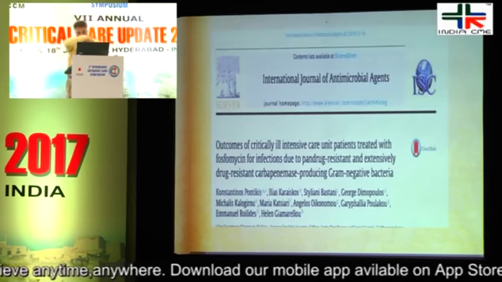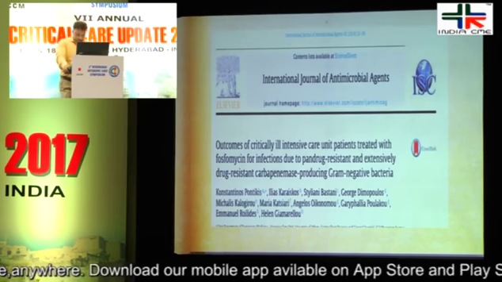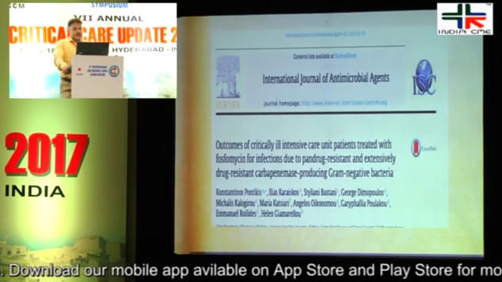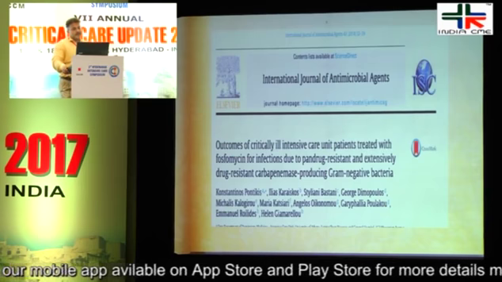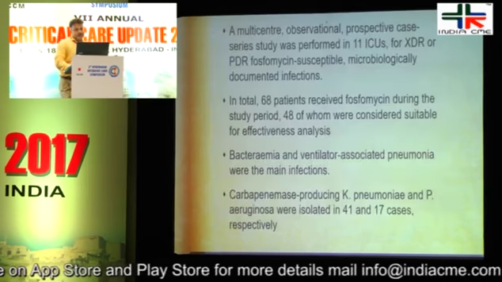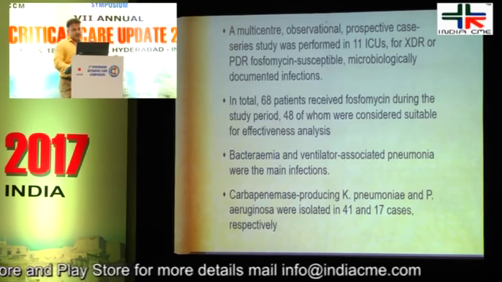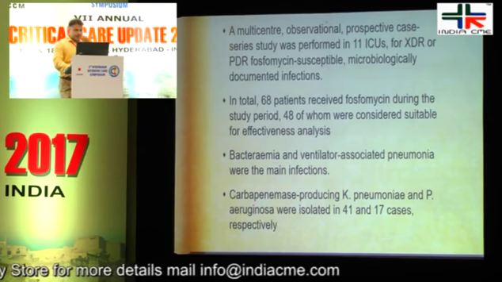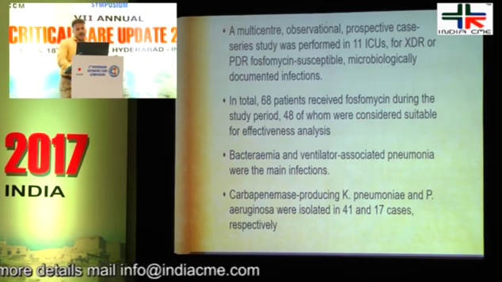But in a critically ill patient with pan drug resistant or extensively drug resistant carbapenem-producing gram negative bacteria, in a small trial, a small observation, the bugs were predominantly Klebsiella pneumoniae or Pseudomonas aeruginosa.